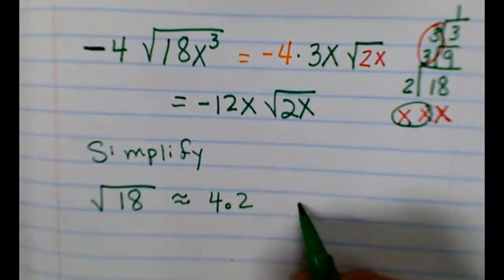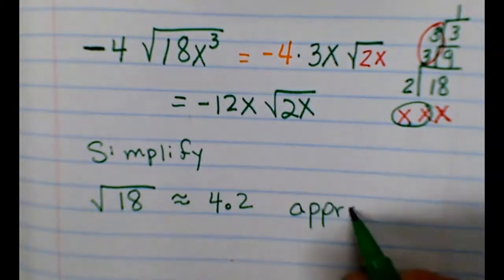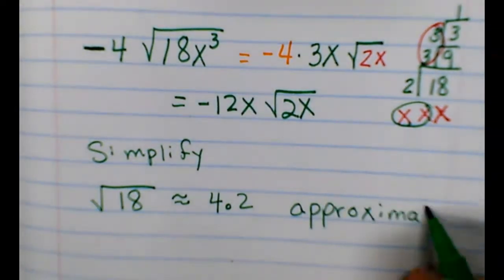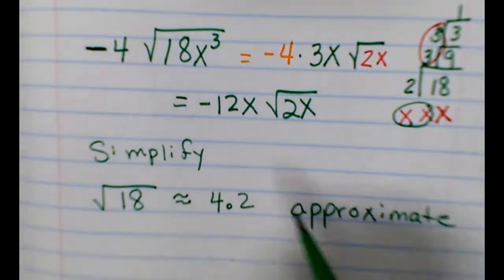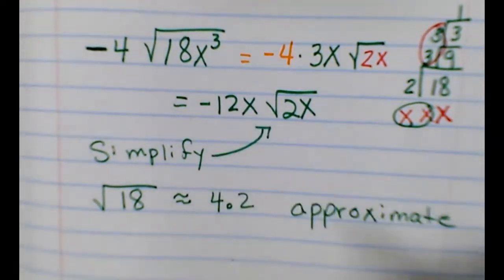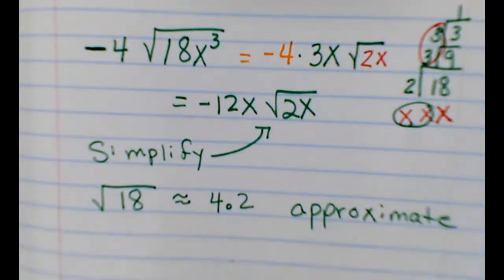That means that this is the approximate answer. This kind of answer is called simplified. When you decimalize an answer, it's called an approximate answer because your decimal has always been rounded off. It's just, have you rounded to 1 or 3 decimal places? Do you think that you can simplify radicals?